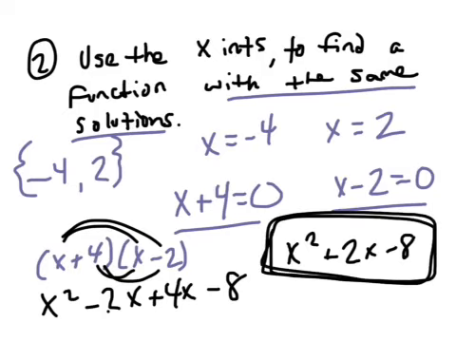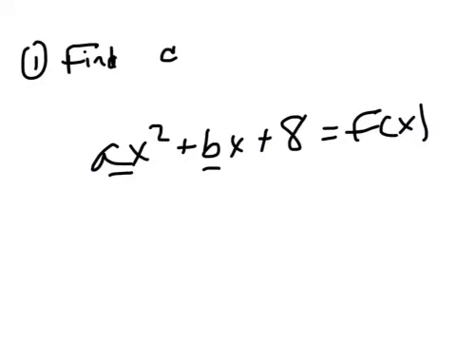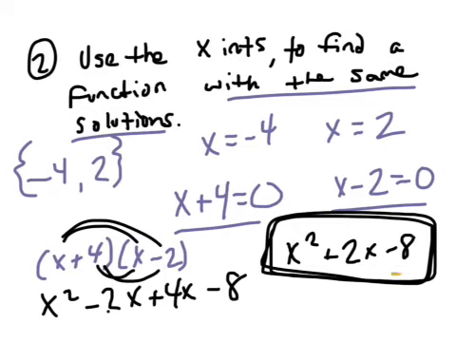So what we have now is an equation that has the same solutions as our function, but it's not the same function. The reason I know it's not the same function is that C is not the same. We know that C of the function we have in the graph has to be +8. This is -8. That's not right. So now we need to account for that and fix it.